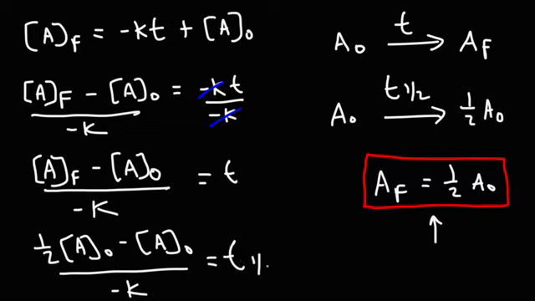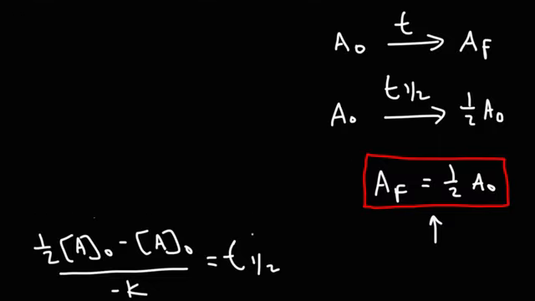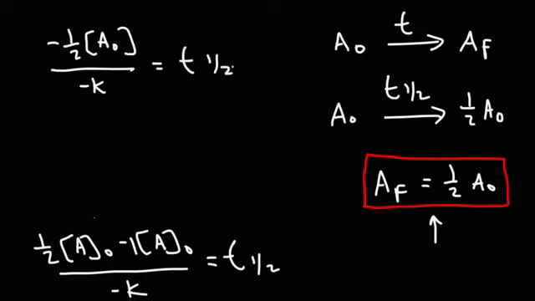T now becomes T 1/2. Now 1/2 minus 1 is negative 1/2. So we're going to have negative 1/2 A initial over negative K. Now, to get rid of the negative sign, once we divide these two negative signs, they will cancel and become positive.